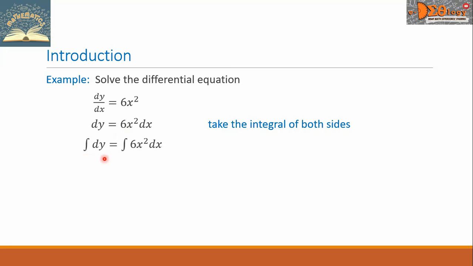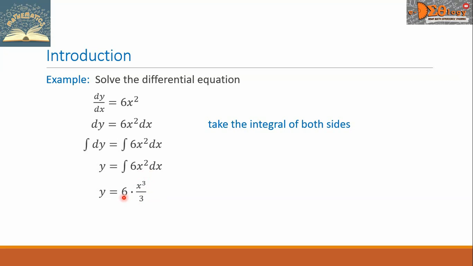The left side here is simplified into y. This is equal to the integral of the right side. Now let us use our formula of integral to evaluate the right side. So we have now y equals 6 times x cubed over 3. We use the power rule of integral to evaluate x squared.